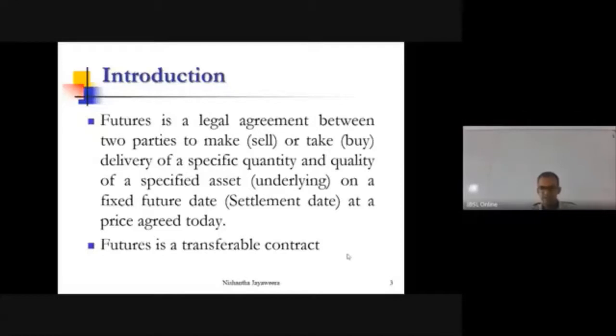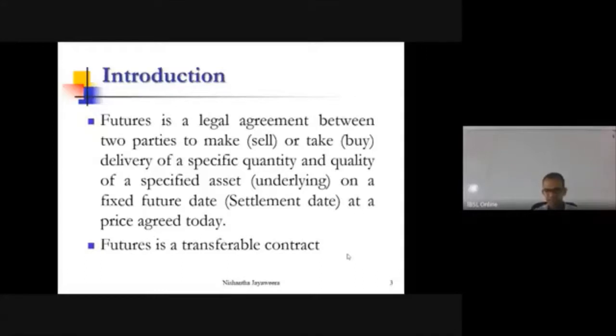You buy the bond from party A, later you can sell that bond to party B. Likewise, you enter into a futures contract with party A. Later, you can sell it to party B. So you can transfer your ownership to another party. That is possible because it is traded through an exchange. It's not an over-the-counter transaction.